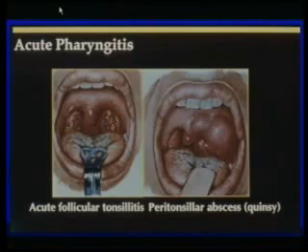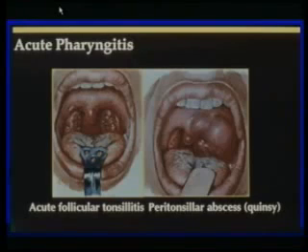All of you. Right. Rarely you can get an abscess in your tonsils, peritonsillar abscess, or quinsy, in which George Washington is said to have died. Peritonsillar abscess, but this is acute follicular streptococcal tonsillitis.